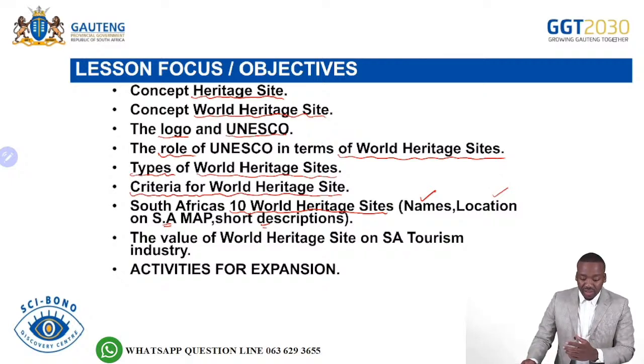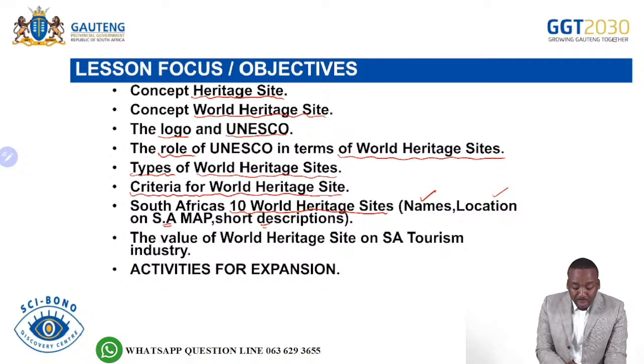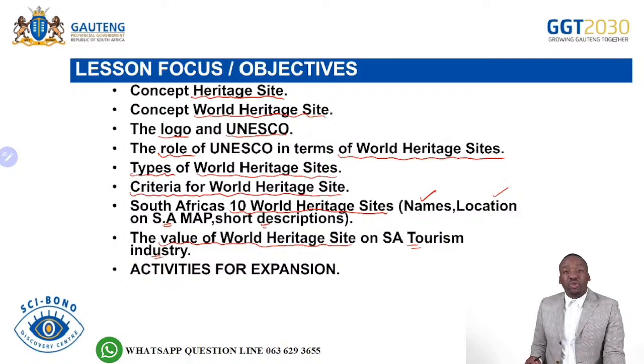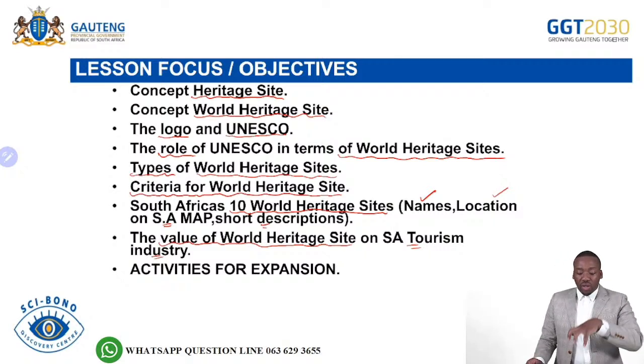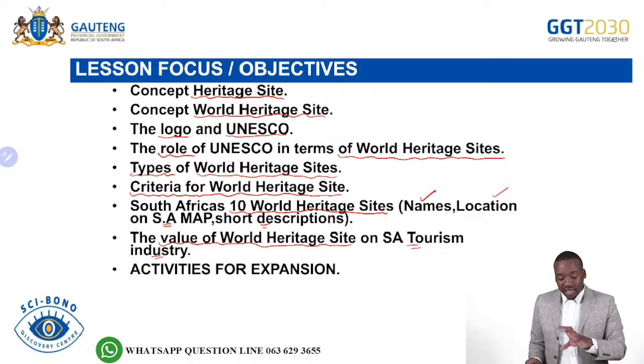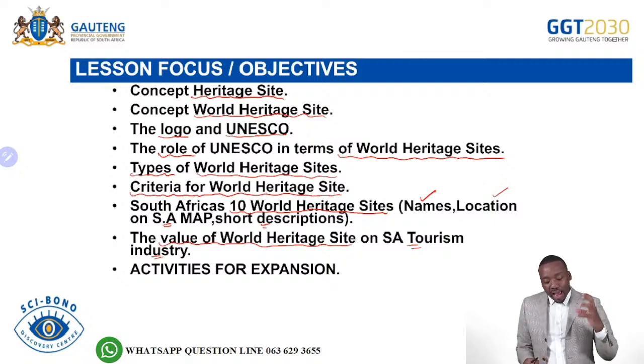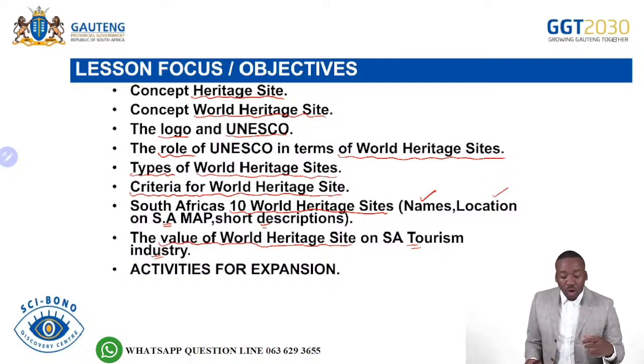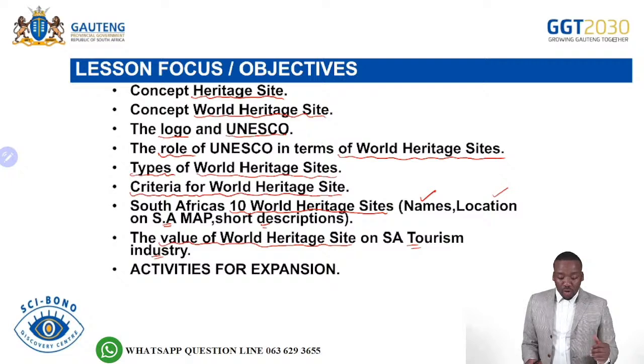Then before activities, I will look at the importance or the value of World Heritage Sites, focusing on the South African tourism industry, particularly where each World Heritage Site is located here in South Africa. What benefits, what value could a country having a World Heritage Site have, especially in a tourism context?